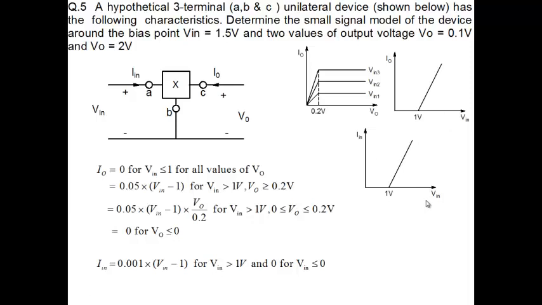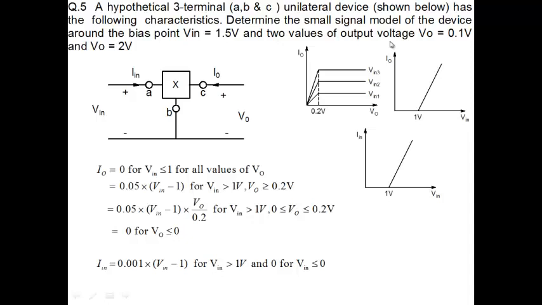So the characteristics are given, and we are asked to build a small signal model of the device. Whenever somebody says build a small signal model of the device, the first question should be around what bias point. So we've given you a bias point. Vin is 1.5 volt, so the device is biased at a DC value of 1.5.